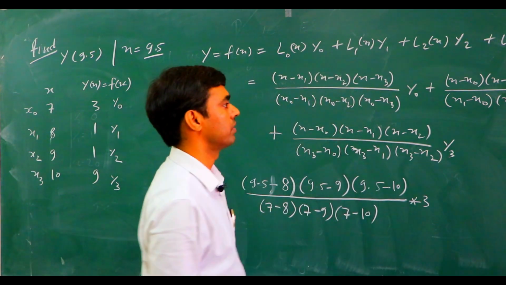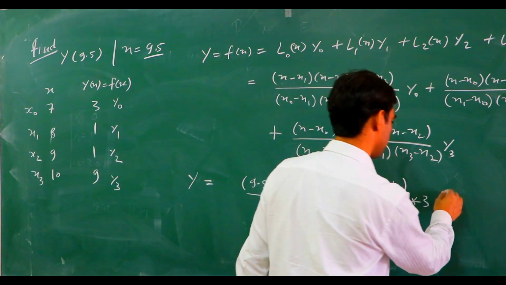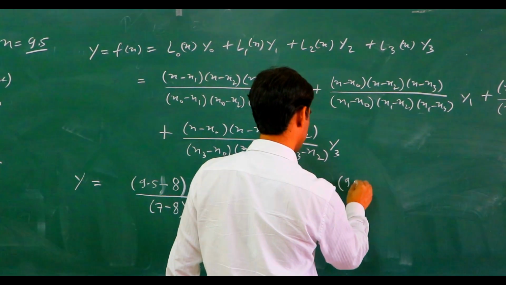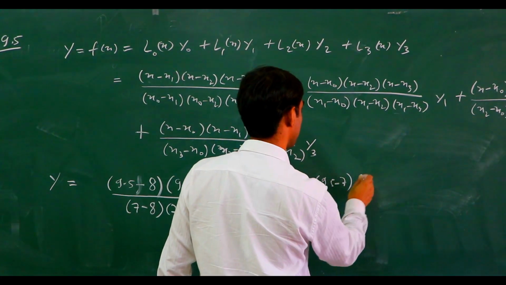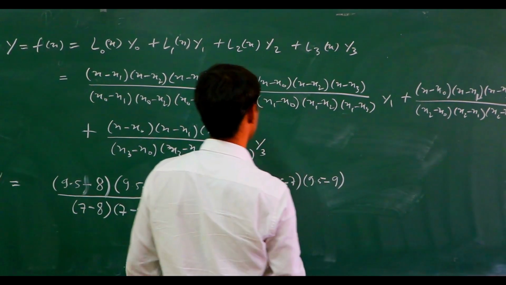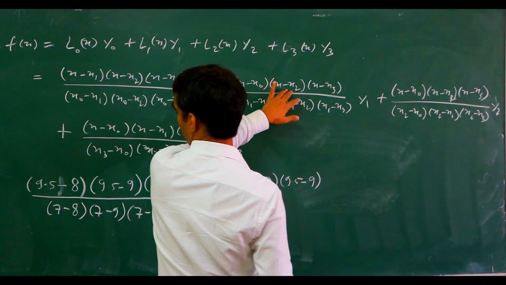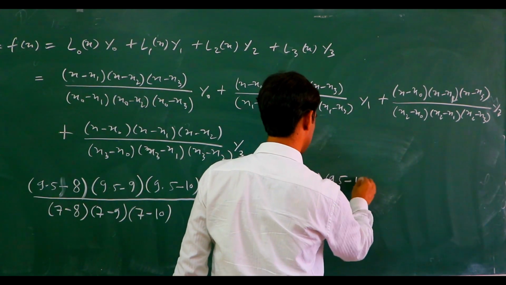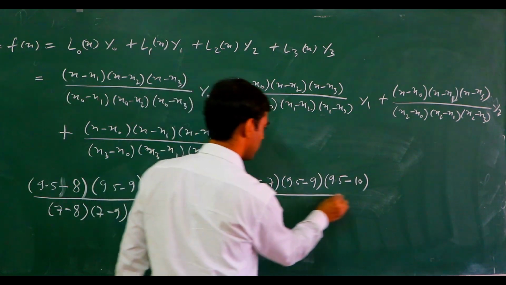This one is the first term. Similarly, we write the second term. Second term is what? 9.5 minus 7, 9.5 minus 9, because this one is x2, and next one is 9.5 minus 10, divided by what?